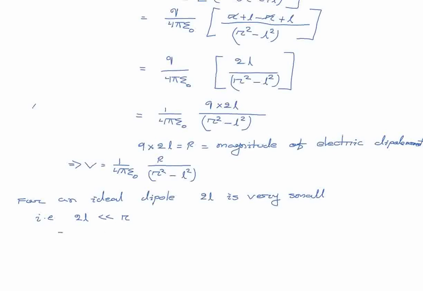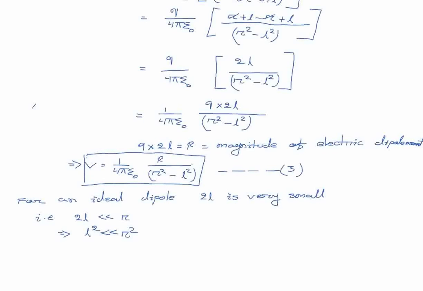So this implies L is also very less than r, or L square is also very less than r square. So now let us ignore that L square in this above equation. This is equation number 3.